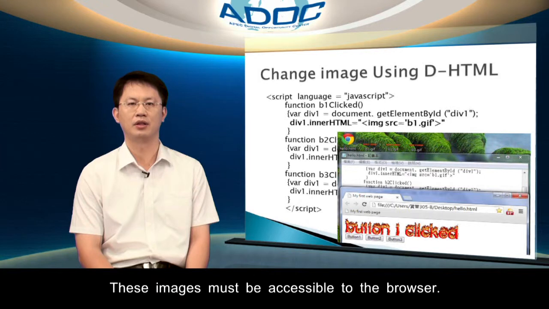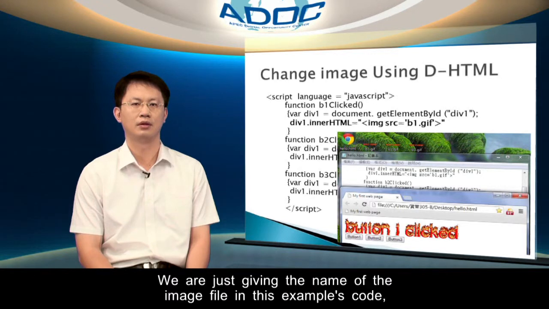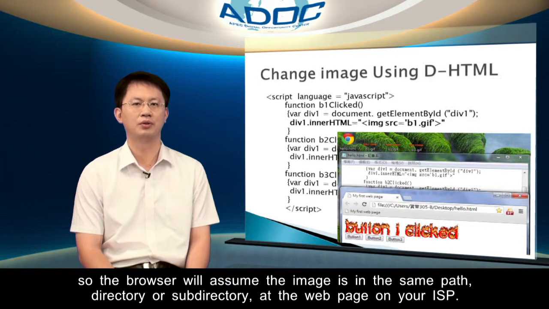And these images must be accessible to the browser. We are just giving the name of the image files in this example's code, so the browser will assume the image is in the same path, directory or subdirectory as the web page on your ISP.